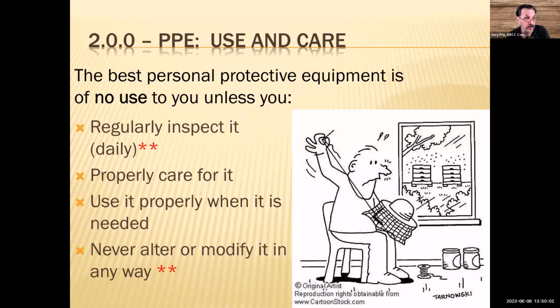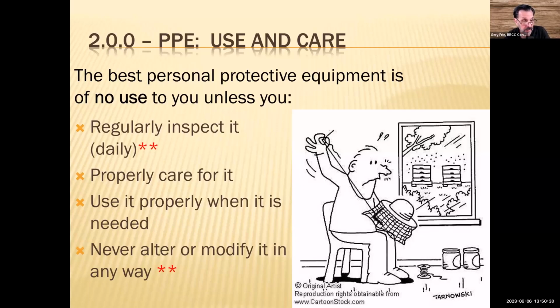Well, daily would be the best answer. Regularly would be another answer. But this goes for other kinds of equipment, tools, power tools, hand tools. How often should you be inspecting it for possible damage? The first time you use it that day. Regularly, daily. So you'll find this question in various forms throughout this course.